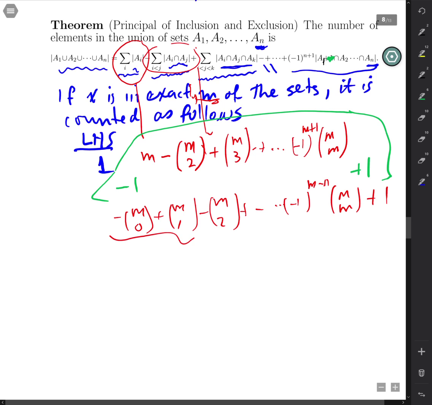Now this first part here is actually something we've looked at, but let me pull a minus out of that. This is a plus 1 right here.